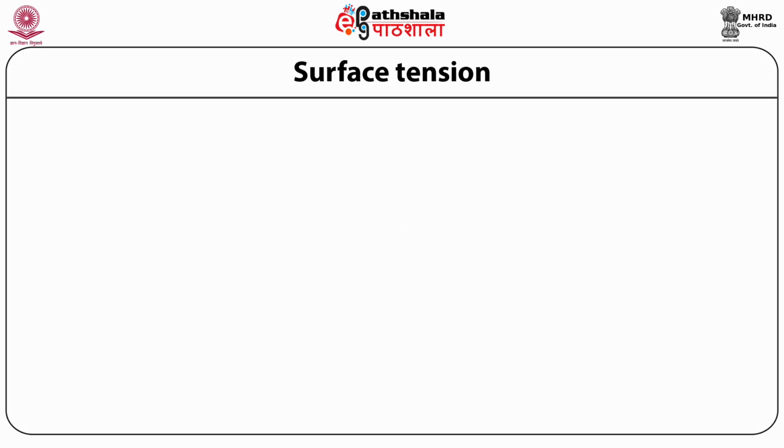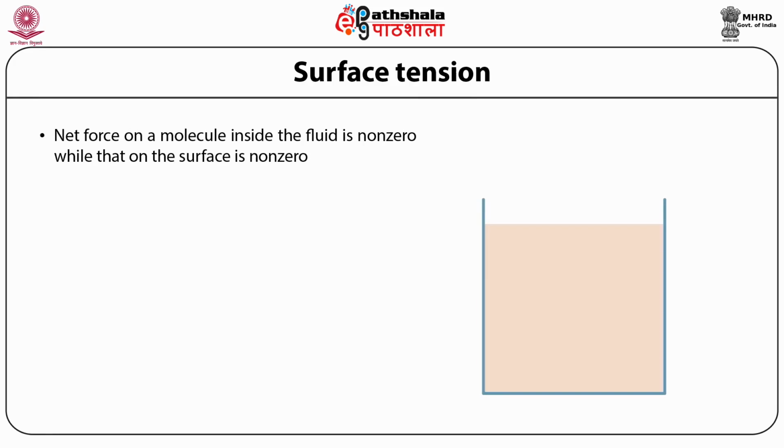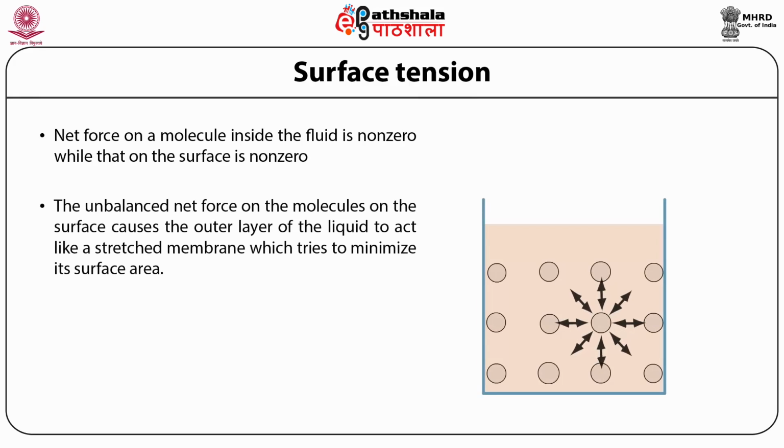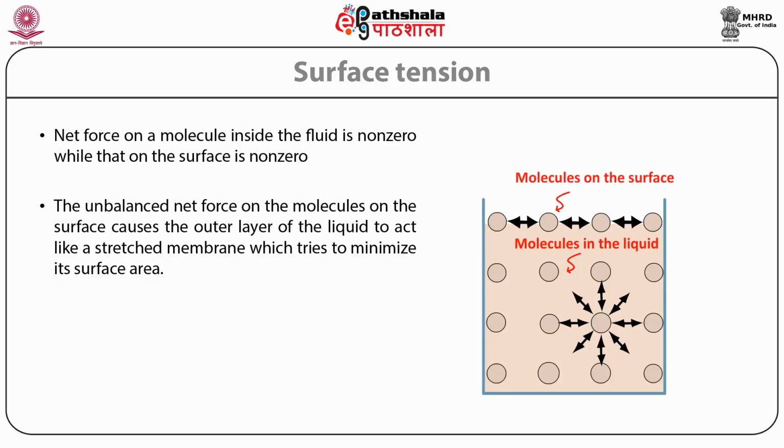Basic description of surface tension can be understood from this picture, where you have a liquid in a container. The net force on a molecule inside the liquid is zero, while that on the surface is non-zero. The unbalanced net force on the molecules on the surface causes the outer layer of the liquid to act like a stressed membrane, which tries to minimize its surface area.